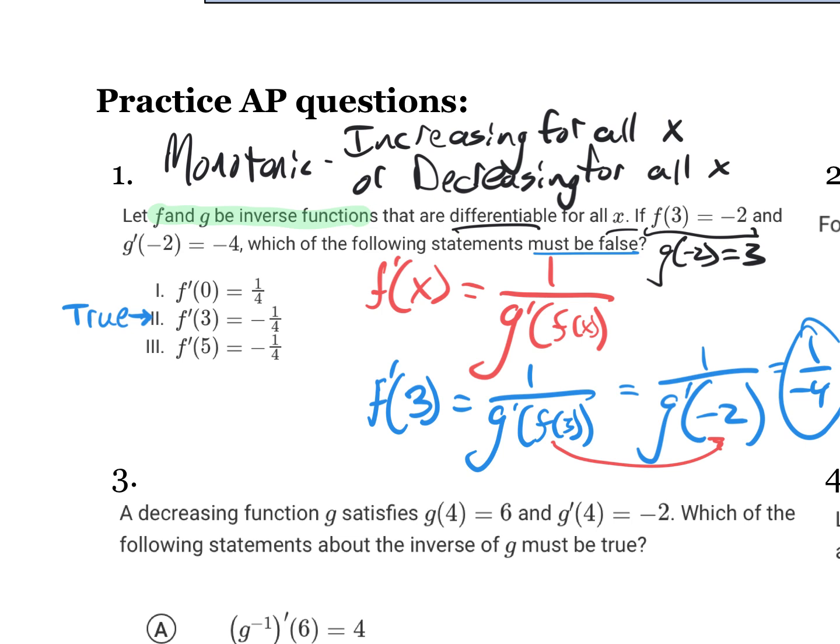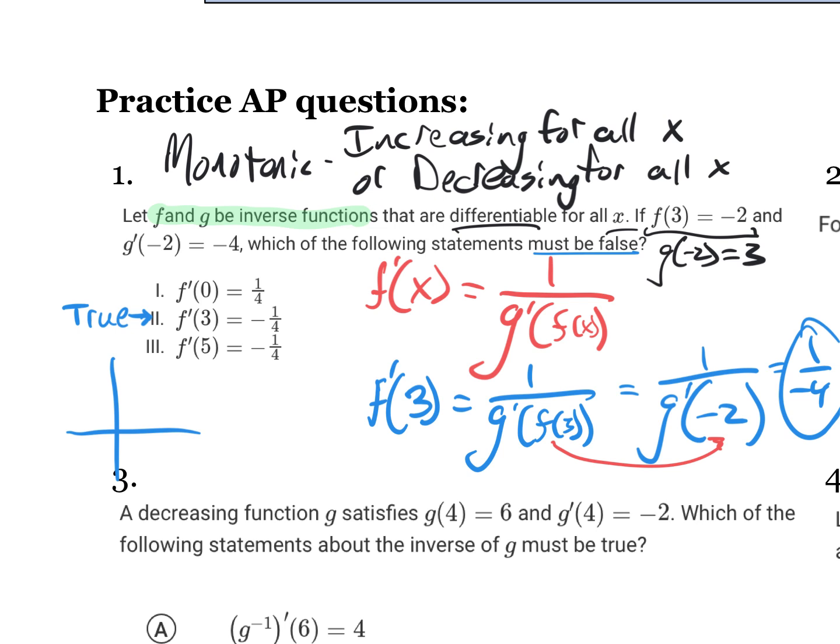It's tricky because this tells us that the derivative at 3 is negative. So whatever this graph looks like, we don't exactly know, but it has to be going down. It's got to be decreasing down to the right. It's monotonic, so it can't turn around.